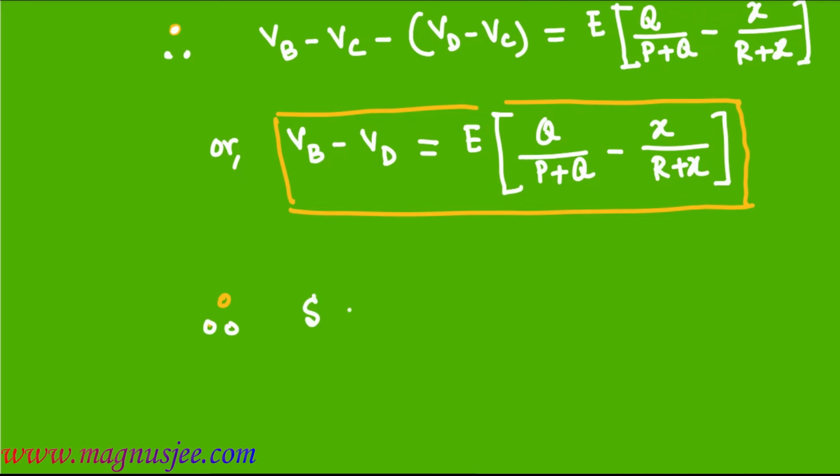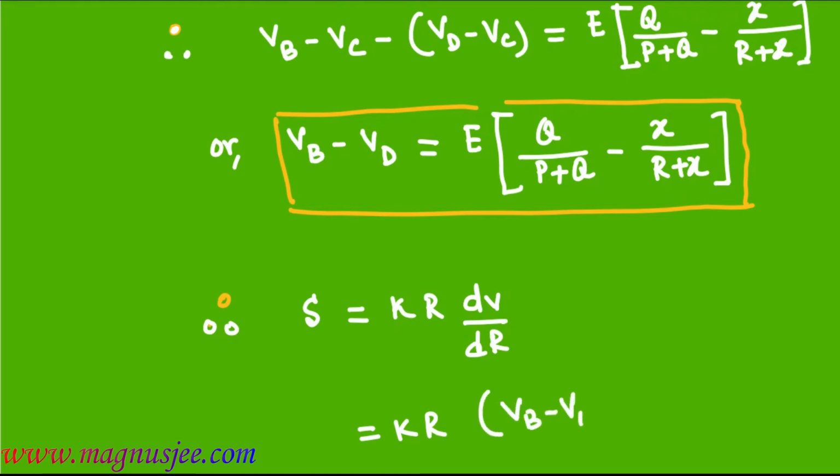Now the sensitivity is K R dV by dr, and here dV is what? Vb minus Vd. It is incorrect. So here we have to do Kr, d by dr of V, we have to erase this part.